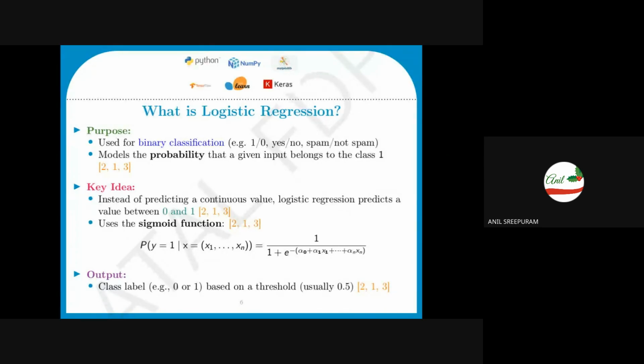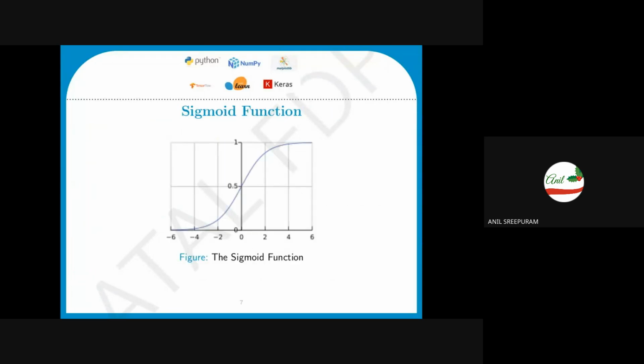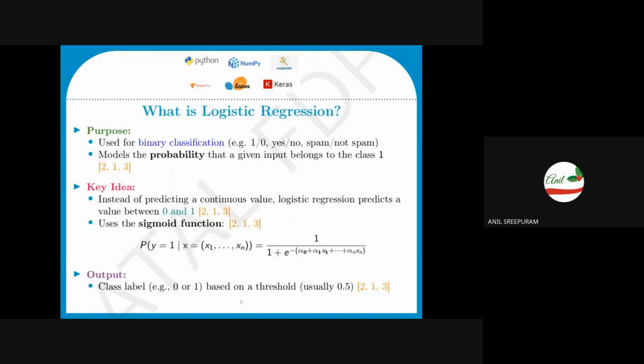When you give the inputs x1, x2, x3, etc., up to xn, these values are substituted there and you will find the probability. If the probability is greater than 0.5, then that particular input is categorized as class 1, and if it is less than 0.5, it is categorized as class 0.